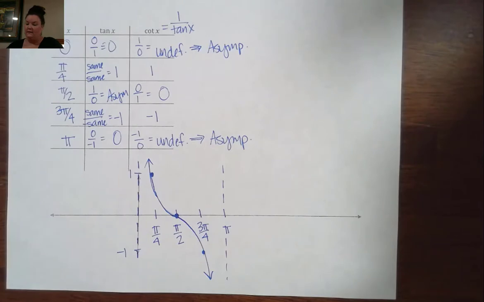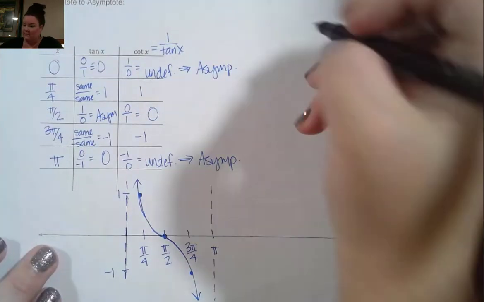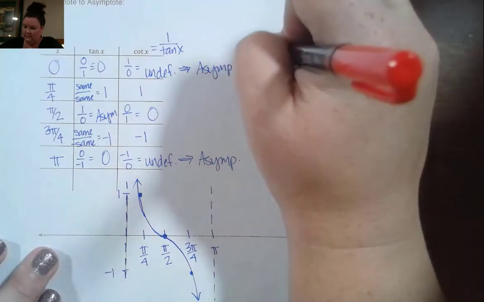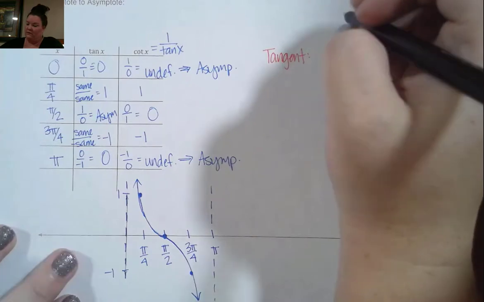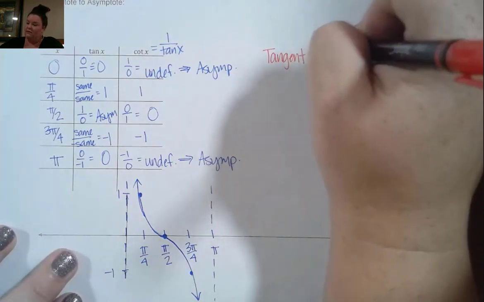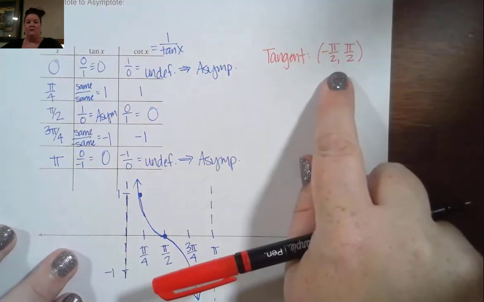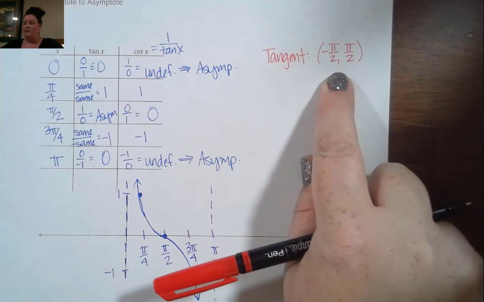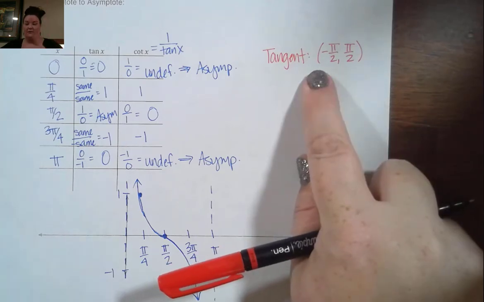So the way that I recall this, let me just put it over here to the side, is that when I think about tangent, it goes from negative pi over 2 to pi over 2, right? That's our 1 pi period length. Okay, and notice I use parentheses because we can't include those endpoints because they have asymptotes, right?